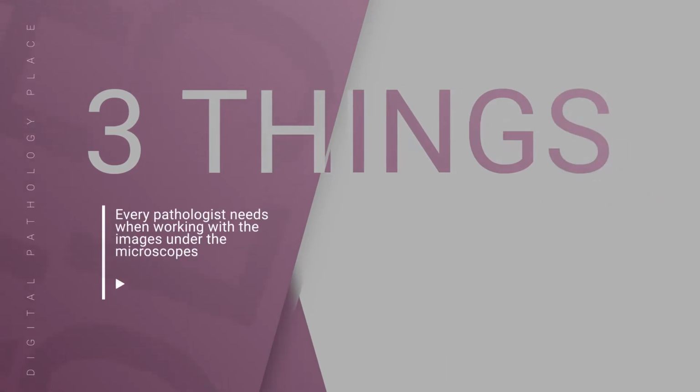And now let's see how you can measure things when you photograph something under the microscope. Hi Mike, it's great to have you again. And today we're going to be talking about the three things that probably every pathologist needs when they want to work with their images under the microscope, regardless whether they are working in a diagnostic environment, in a research environment, or as a toxicologic pathologist.